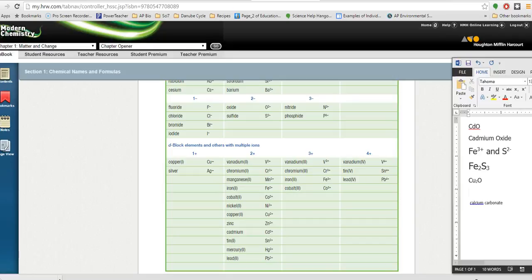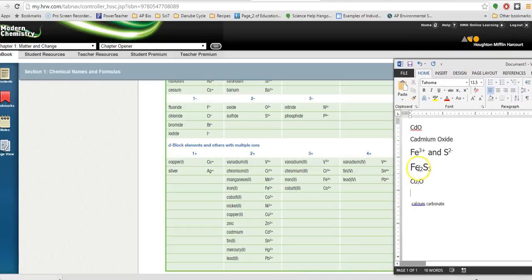When you name those, you have to actually look it up and figure out which it is. Well, if you know to use the crisscross method, you know that 2 is the charge on the O, and that's a 2-. And because we didn't write a number there, you should know it is 1. So that means this has a charge of +1. So this tells you that this one is copper 1, and it's oxygen, but we have to put the ide at the end, so oxide.